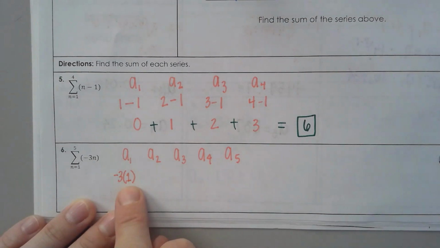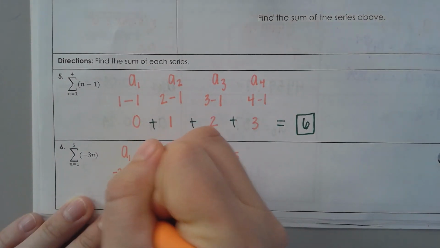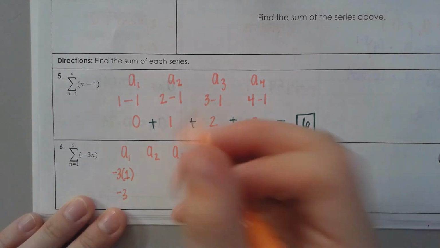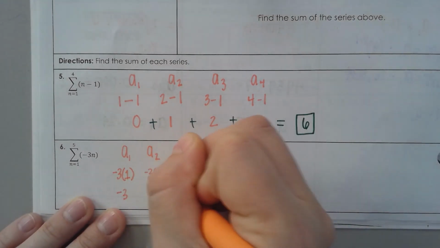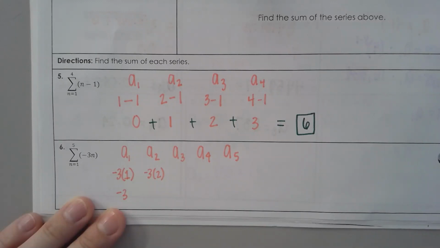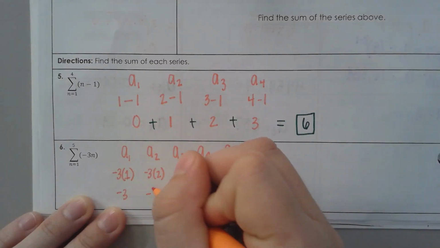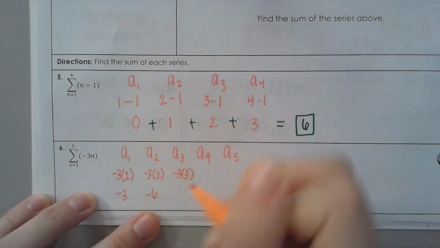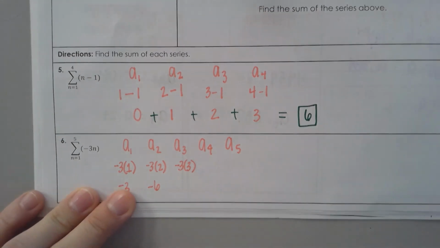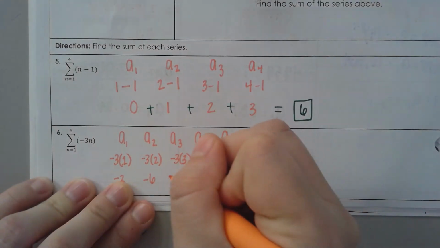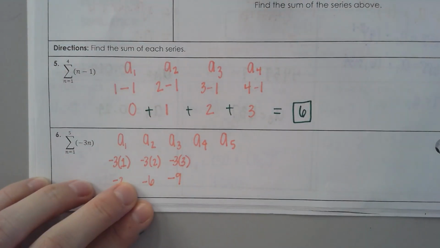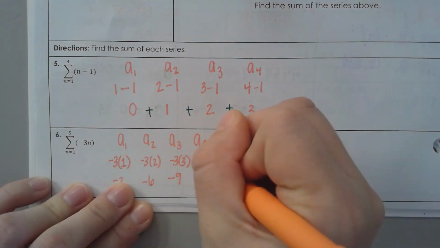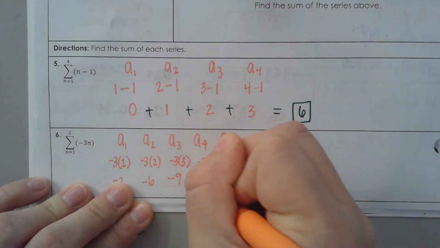So we have -3 times 1, which is -3. -3 times 2, which is -6. -3 times 3. -3 times 4.